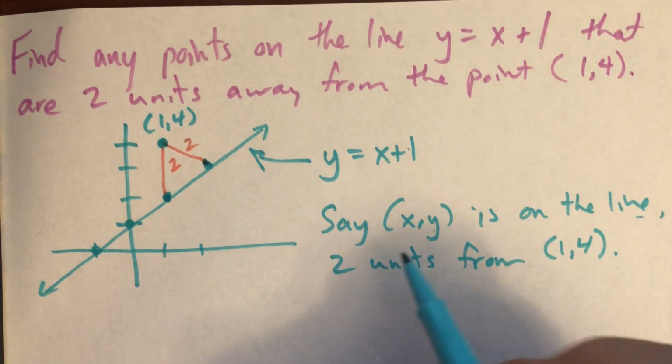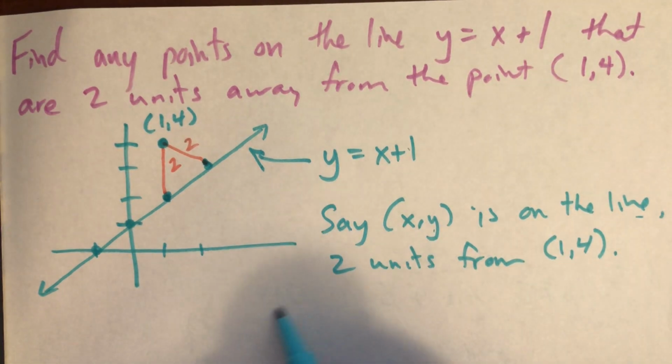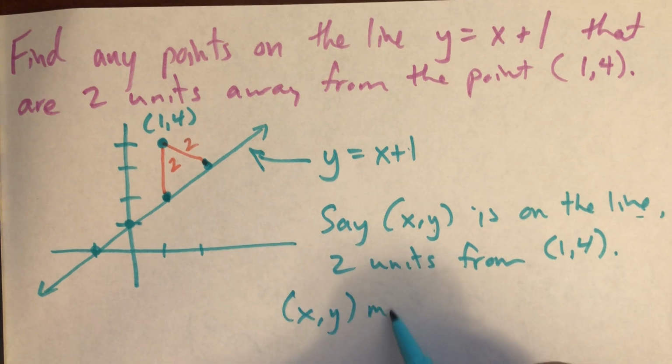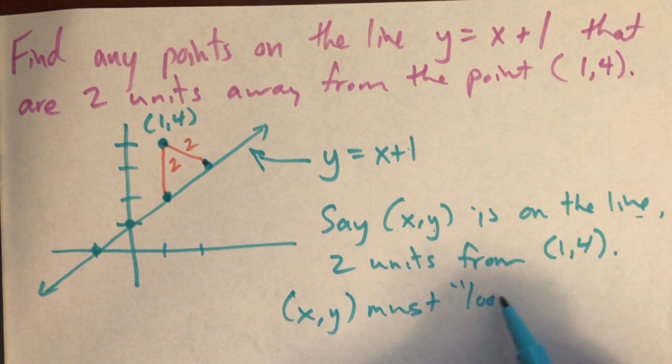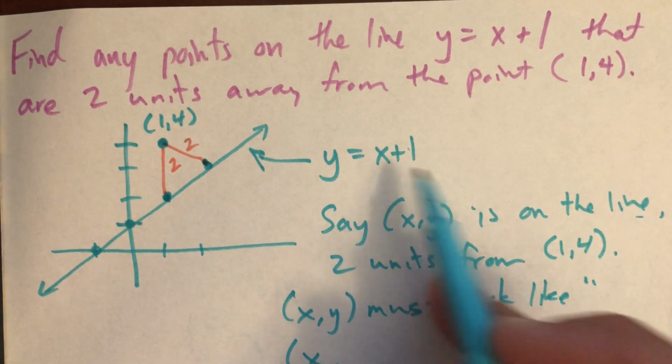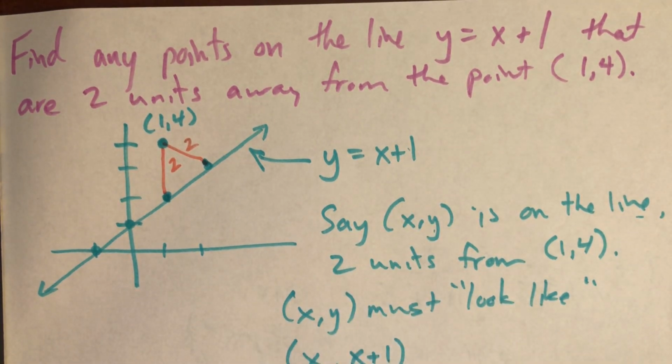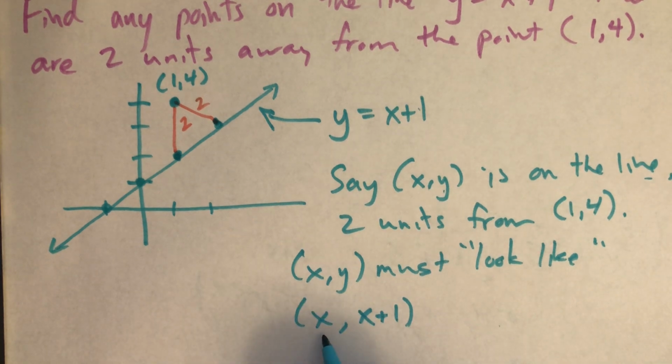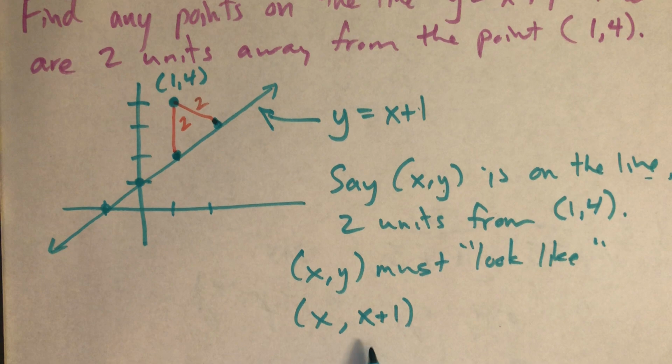So if I have the point (x, y) on the line, (x, y) must look like x comma x plus 1, right? Because no matter what, if I give you an x value, you're just going to plug in x plus 1 to get a y value. So that's what that point must look like.